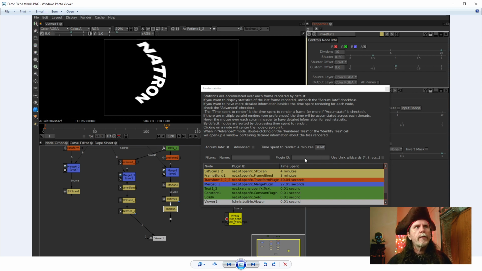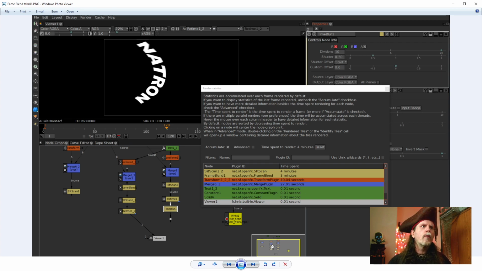So I said to myself, okay, that's huge. That's 5 times faster with FrameBlend, which is why I had been pushing for FrameBlend, or told people to use FrameBlend over TimeBlur. But I wasn't positive that I got a perfect result. I wanted to make sure, so I repeated this multiple times.